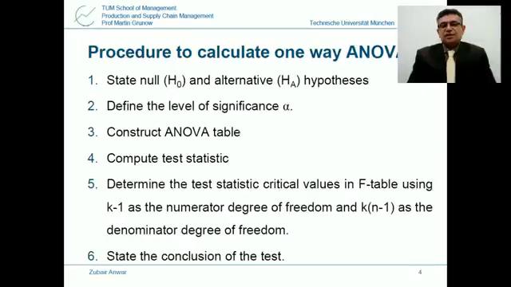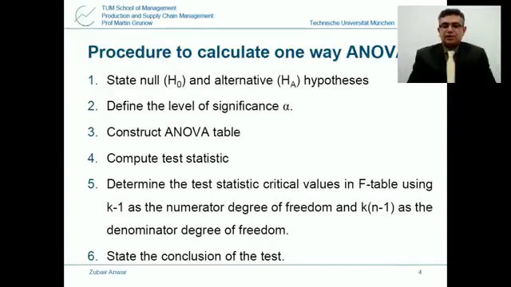Now let me share the procedure to calculate one-way ANOVA. Number 1, state the null and alternative hypotheses, denoted by H0 and HA. Secondly, we define the level of significance, alpha. Thirdly, we construct the ANOVA table, and I will show you one basic ANOVA table in the next slide.